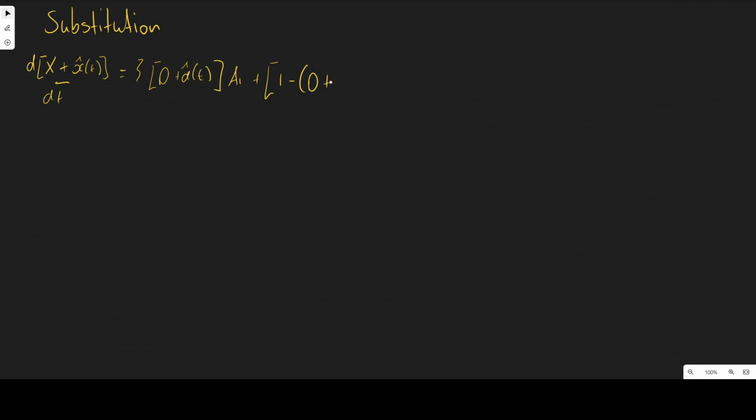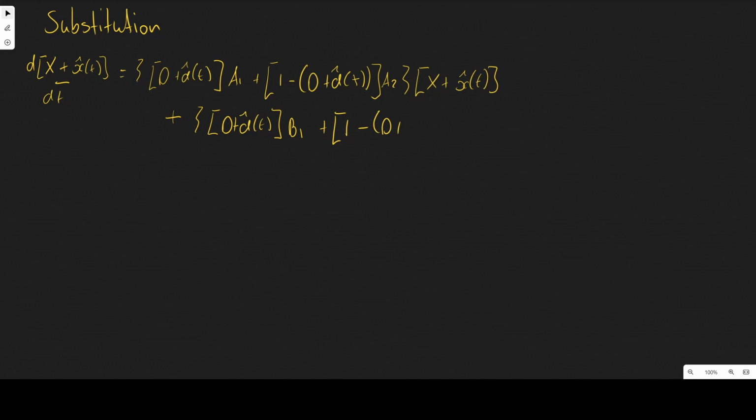One minus D plus D hat, A2, which is equal to X plus X hat, and for the input plus D plus D hat B1 plus 1 minus D plus D hat multiplied by B2 Vs.